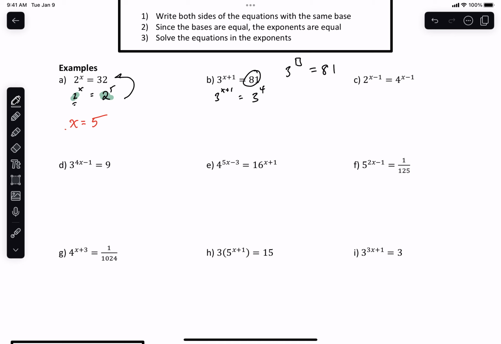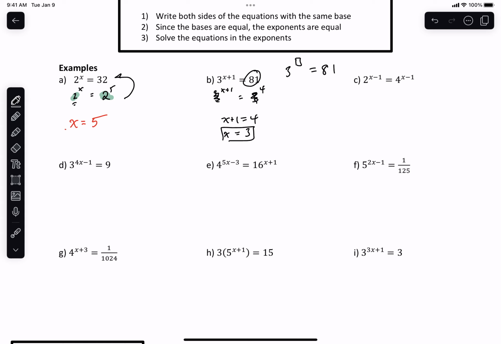Okay, once the bases match, you can ignore them, and you just get a linear equation now. x plus 1 equals 4. Everyone see? And so now you just solve for x. So x has to equal 3. You can do a little check with that, right?